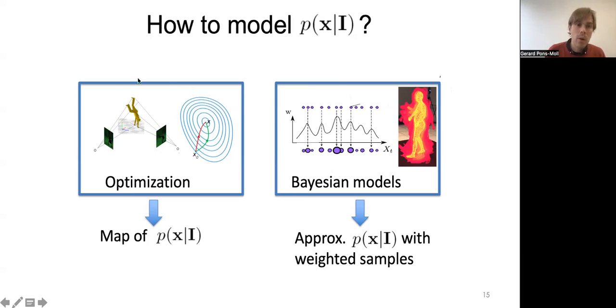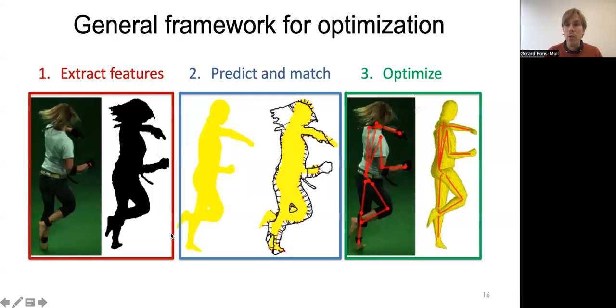But nowadays, most approaches for this generative approach typically rely on optimization. So let's look at how this is done. And you will see that they decompose the posterior as a likelihood times a prior. So the general framework typically involves these 3 steps. So one is extracting features from the image. Then is predicting these features with the model. So here, the feature is a silhouette of the image.